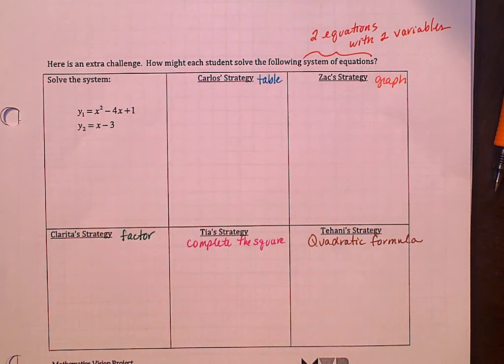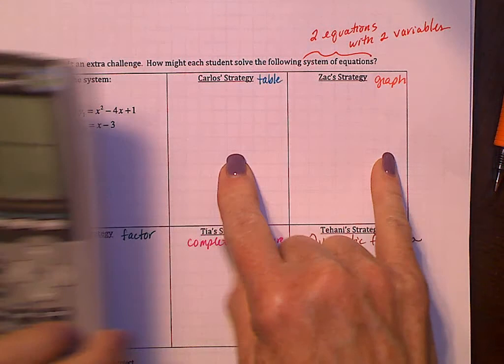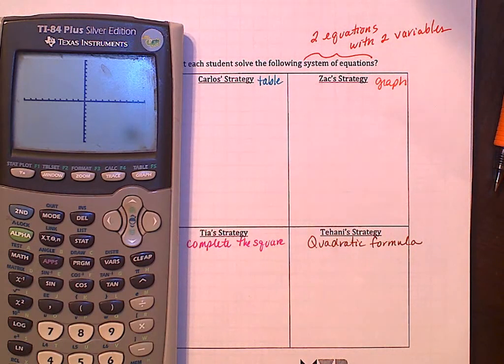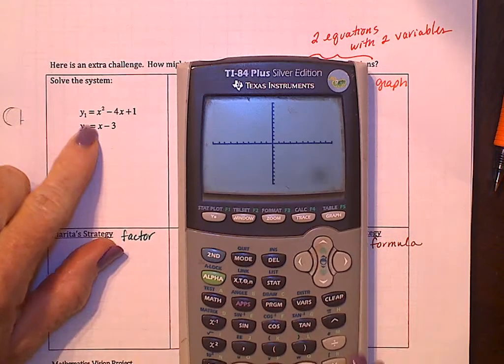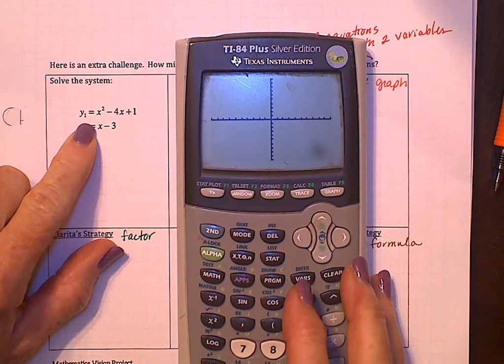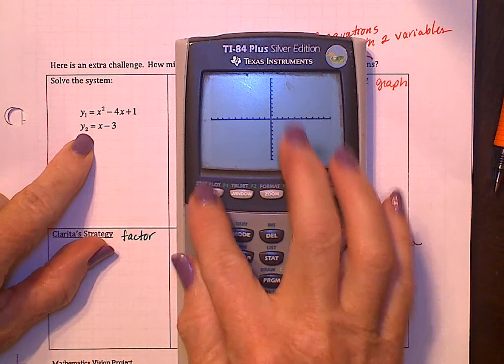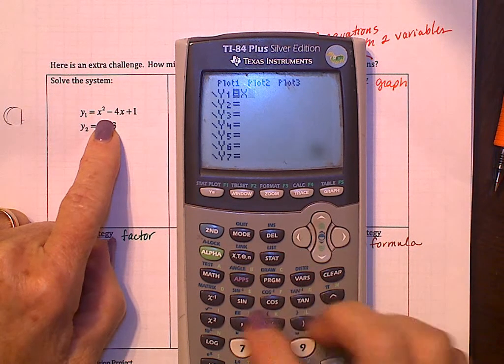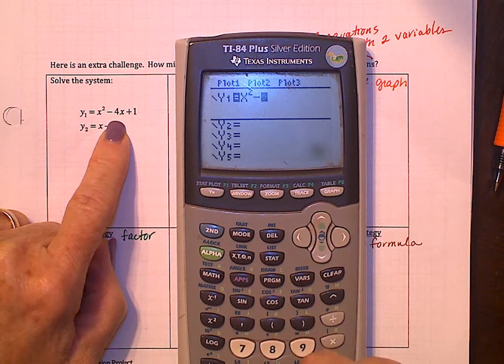All right, Carlos and Zach like to put it in the calculator, so let's go ahead and grab your calculator, which is close by because you went and got it when I asked you to. And we're going to go ahead and enter these two equations into y1 and y2. So go to y equals, in y1 we'll put in x squared minus 4x plus a 1.